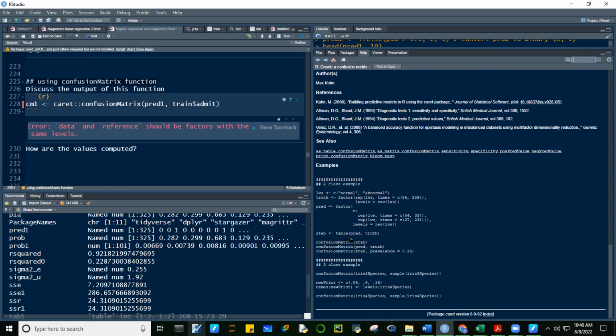X tab. Saan ako nagkamali? Confusion matrix X tab. Si X tab is a table of predicted and truth.